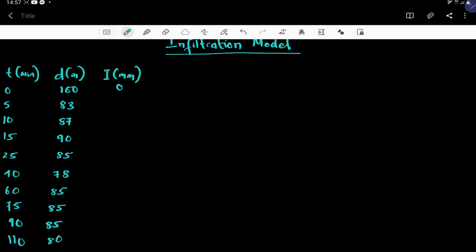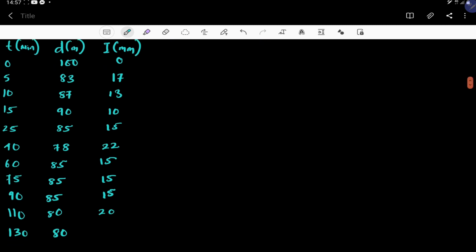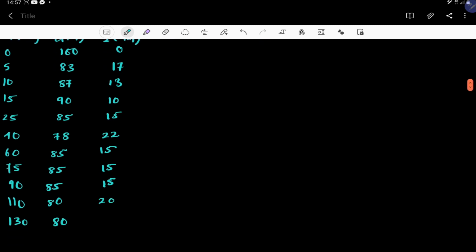Second one is 100 minus 83, which is 17. Likewise 100 minus 87 is 13. 100 minus 90 is 10. Then 15, 22, 15, 15, 15, 20, and again 20.